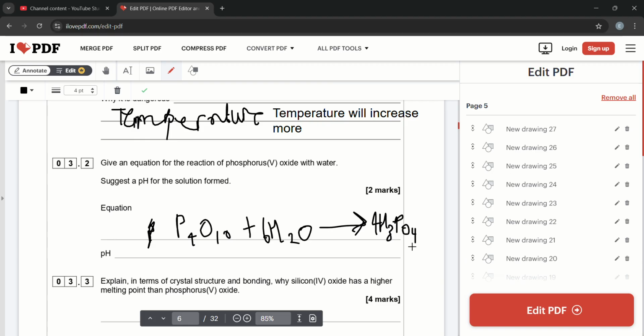I can check right now. Period 3 elements and the oxides. It is in the textbook, yeah. It doesn't ask for state symbols, so we don't give them. You don't need to give them.